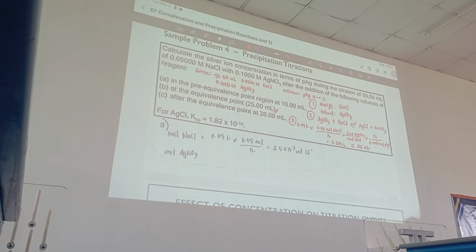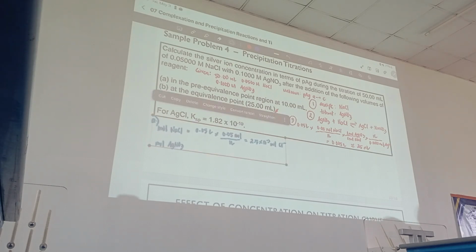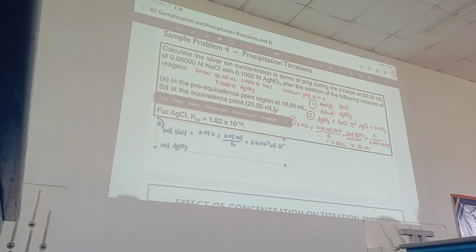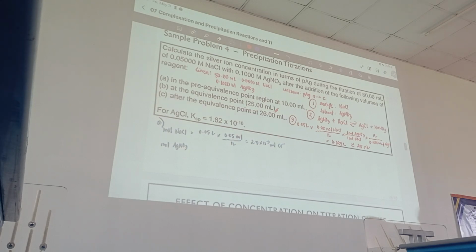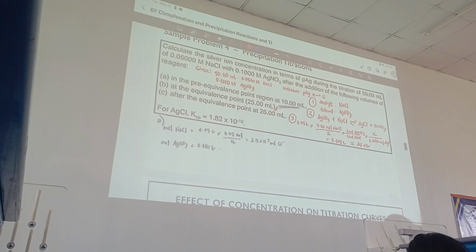Follow? Okay, next. AgNO3. Bilang volume AgNO3. 0.010 times 1,000 1 liter.